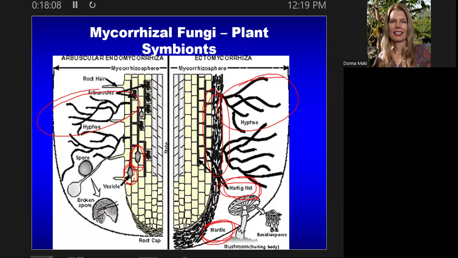And so that's why they're often called vesicular arbuscular mycorrhizal fungi, which abbreviates down to VAM. So sometimes you'll hear me say the word VAM. That's the same thing. Okay, so VAM fungi, I often say that because it's just easier to say than vesicular arbuscular mycorrhizae. And then often we'll refer to the ectomycorrhizae, we just shorten it to ecto.